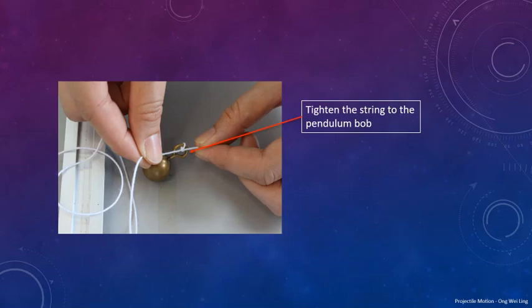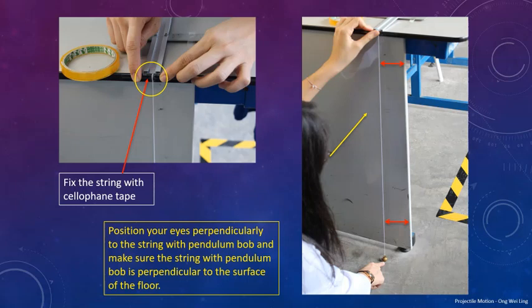Tighten the string to the pendulum bob. Fix the string with cellophane tape. Position your eyes perpendicular to the string with the pendulum bob and make sure the string with the pendulum bob is perpendicular to the surface of the floor.